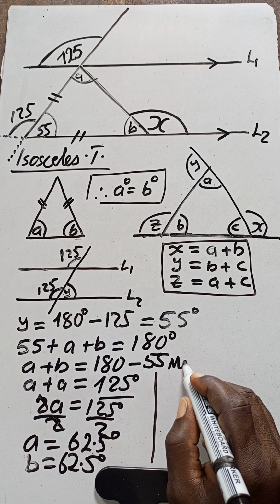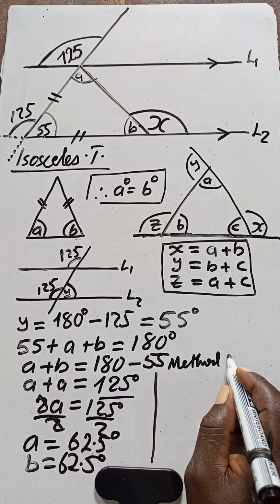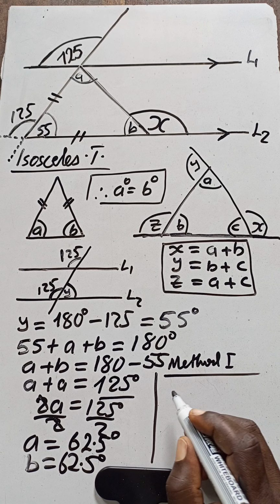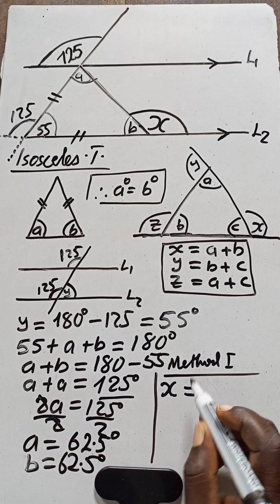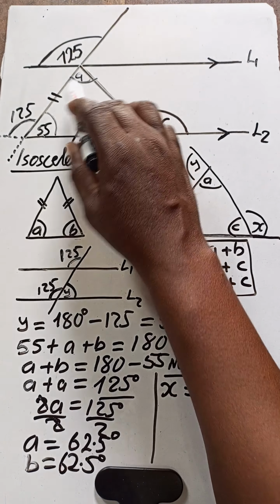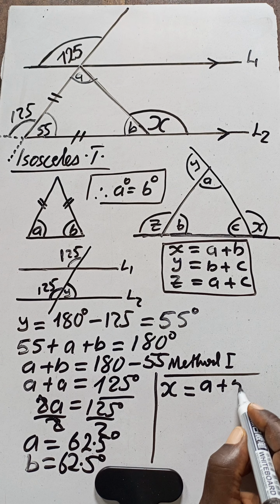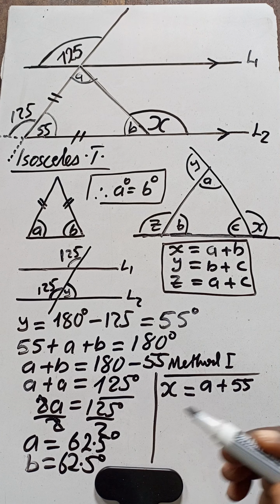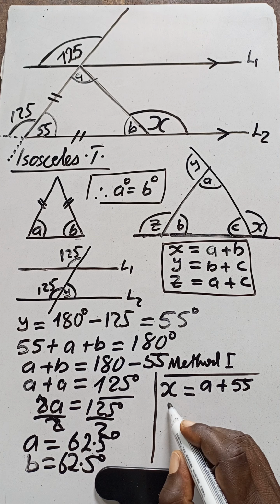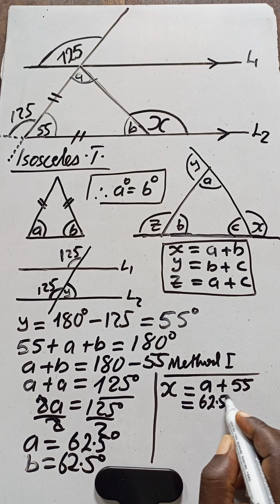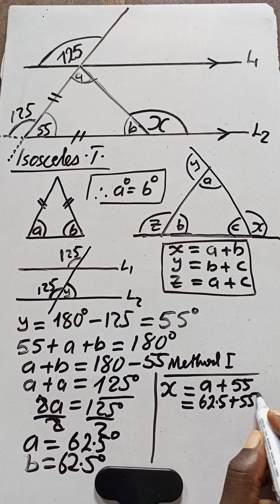Okay, method 1. We use the exterior angle property. X is equal to A plus 55. And we know A to be 62.5, which is simply equal to 62.5 plus 55 degrees.